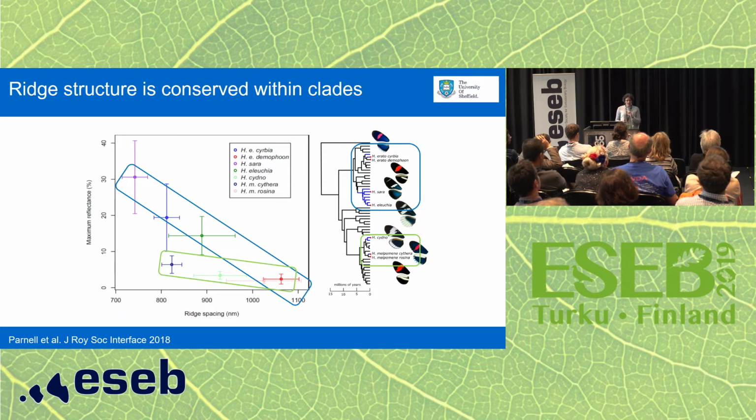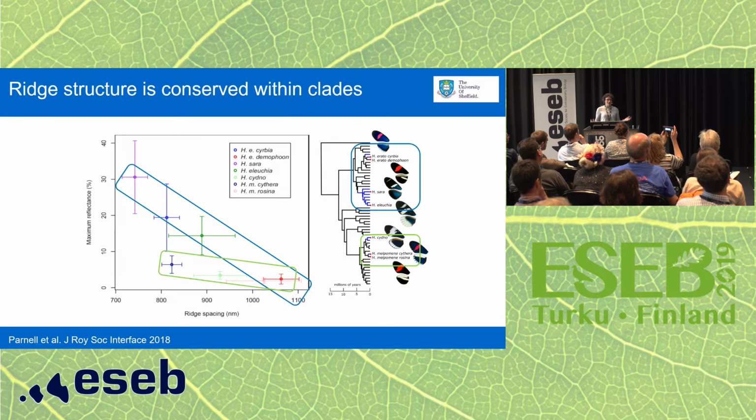So overall, ridge spacing can evolve quite quickly and is not very constrained, whereas the ridge structure, the flatness and the curvature, making these ridges really good reflectors, seems to be much more phylogenetically constrained and something that's a lot harder to evolve.